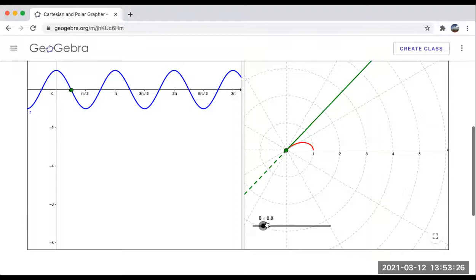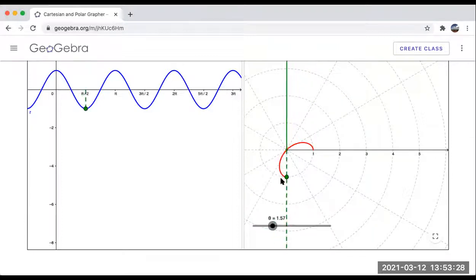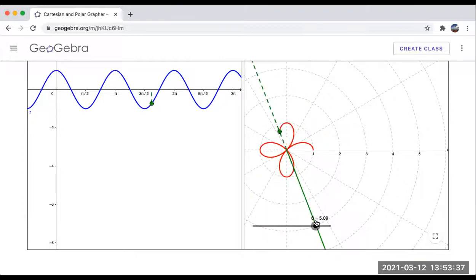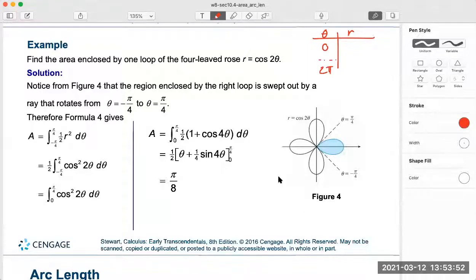Then we continue drawing, and it becomes this four-leaf curve. Okay, it's a very useful tool to understand it. If you don't draw the graph, it's very hard to find the area because some curves are crazy. So we need to look at this.